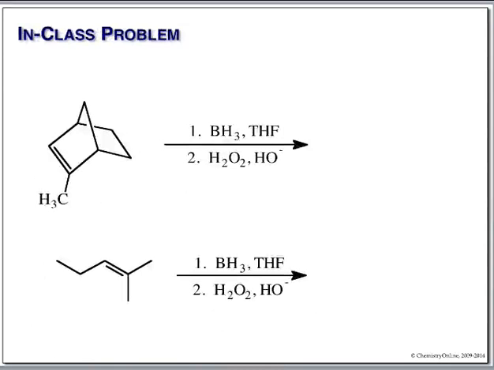And the OH will be bonded to the carbon adjacent to the most stable carbocation. We look at our two here, secondary, tertiary. This would be the most stable carbocation, so the OH winds up here. OH and the hydrogen must be cis.